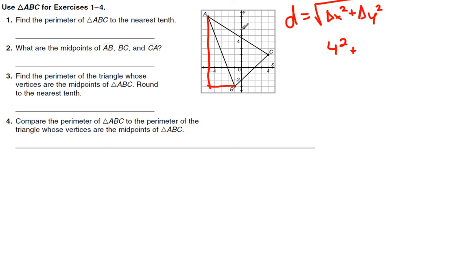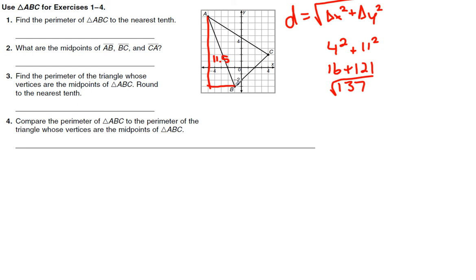Plus 11 squared. Okay. So that gives us 16 plus 121 equals 137. We want the square root of that, and that's about 11.5. Right?